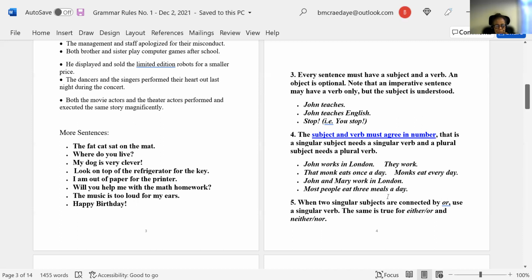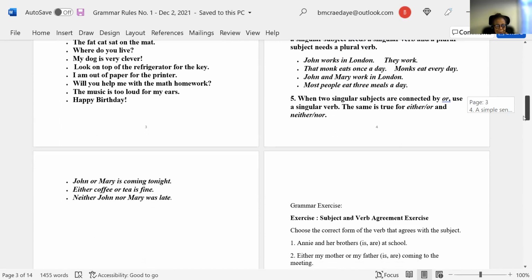Now, when two singular subjects are connected by or, use a singular verb. Or if it's either or, neither nor, where the singular subjects are connected by or, either or, neither nor, then you use a singular verb. And we'll see some examples of that later.